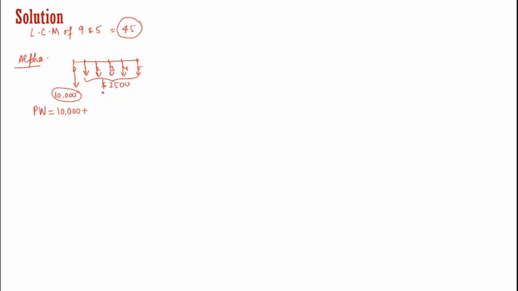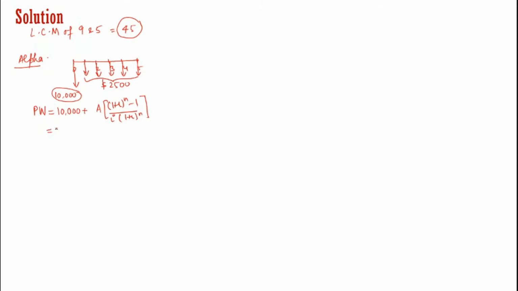So if I just convert these annuities into present point of time by using the relation P equal to A (1 plus i)^n minus 1 upon i (1 plus i)^n.